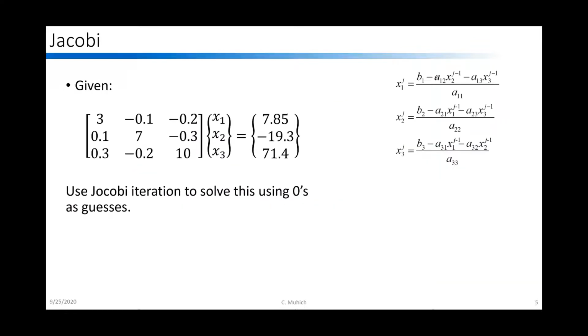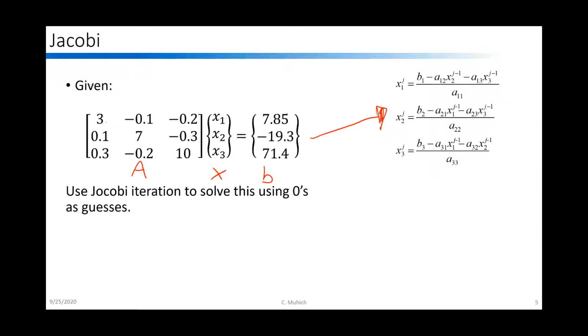Let's look at an example. Here I've written out a matrix A, a vector x, and a set of b's. And we're going to use the Jacobi method to solve this. First, we need to translate the matrix in conjunction with the linear equations into a set of equations for x1, x2, x3.